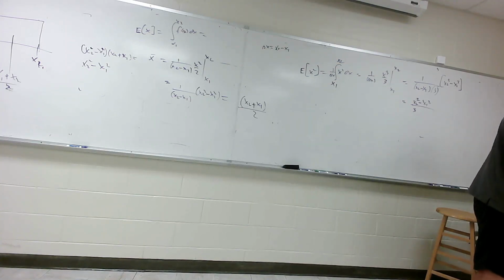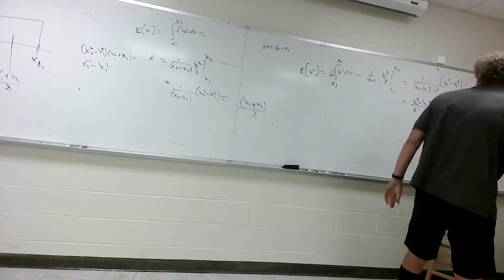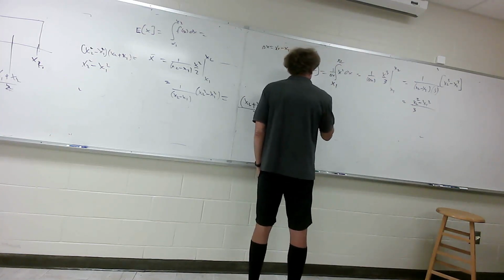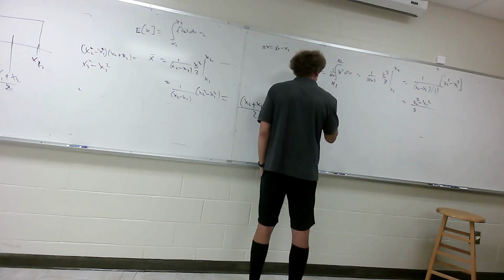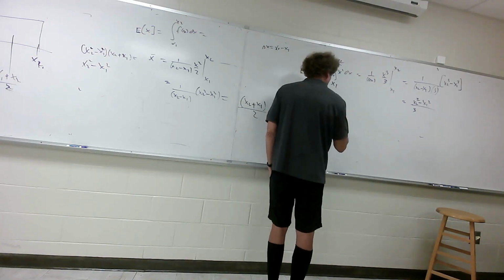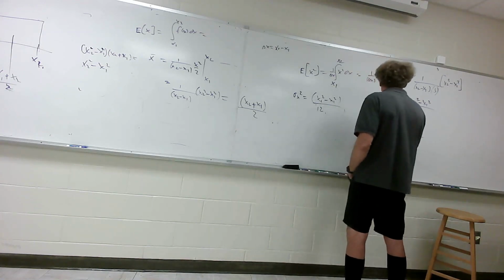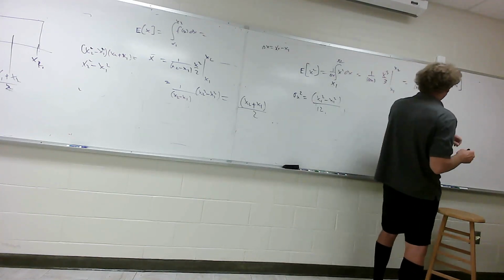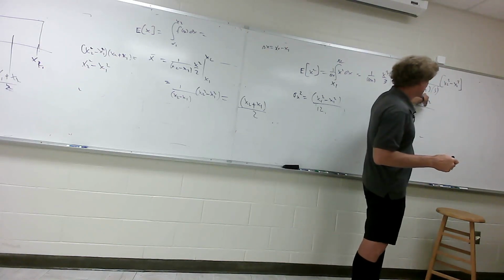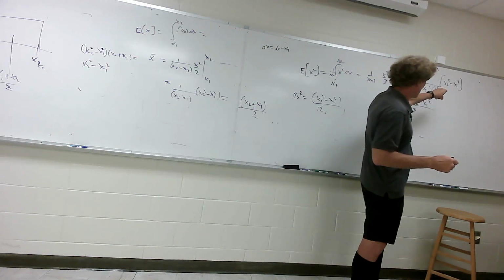Wait a second. He doesn't have, he has sigma x squared. This is what he has. That's what I'm saying. He has sigma x squared is going to be x2 squared minus x1 squared over 12. But then for the expected value of x, this is what it is right there. And I believe you can factor this thing out. You get x2 squared minus x1 squared, and then this one.